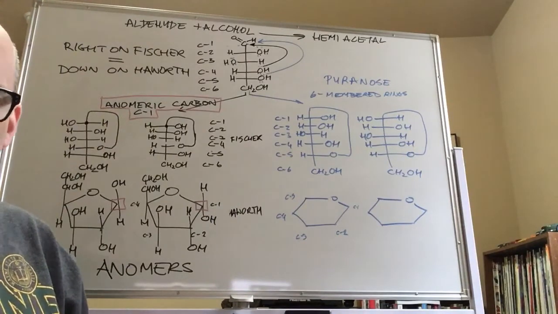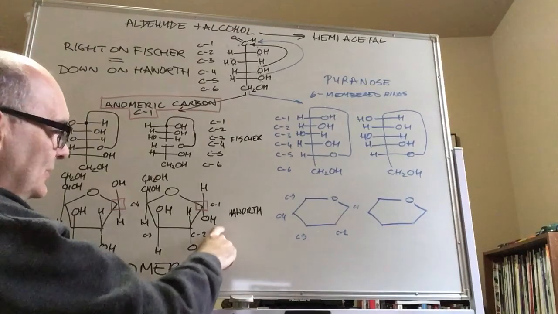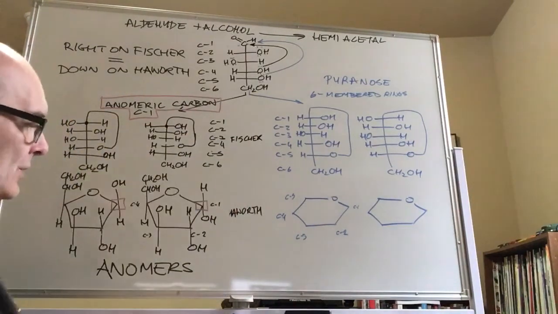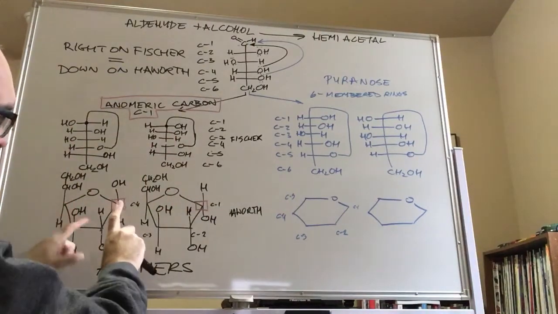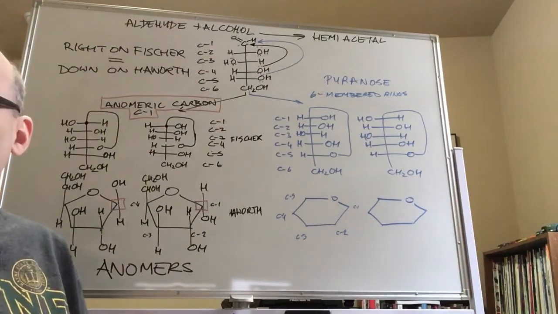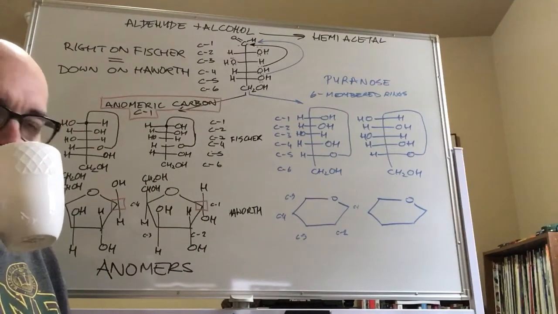They differ in shape. The relationship between the alcohols, C1 to C2, is that in this molecule, they're cis to one another, and in this molecule, they're trans to one another. And in biochemistry, shape is absolutely everything. So this is important.